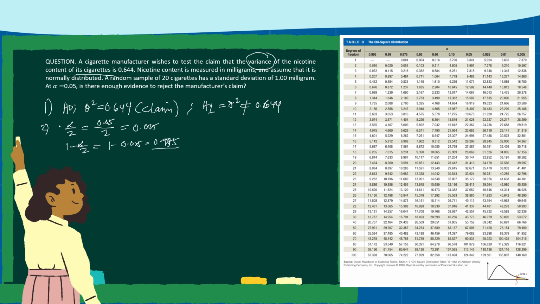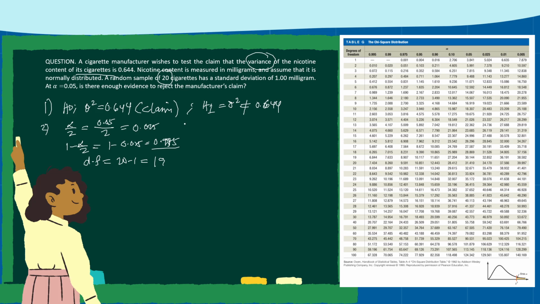So these are the critical values that we need. Our degrees of freedom is 20 minus 1, that is equal to 19.